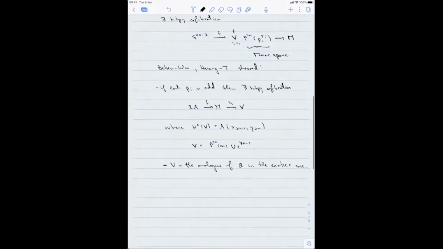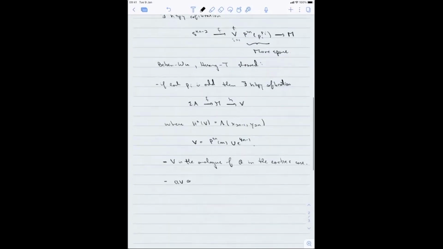Like that earlier case, you want a nice decomposition of loop Q, or loop V in this case. So loop V will be homotopy equivalent to what?